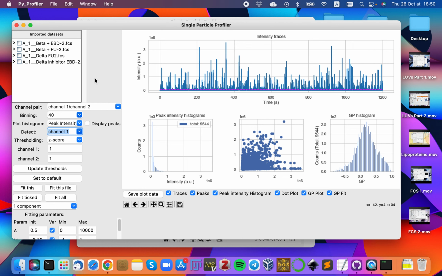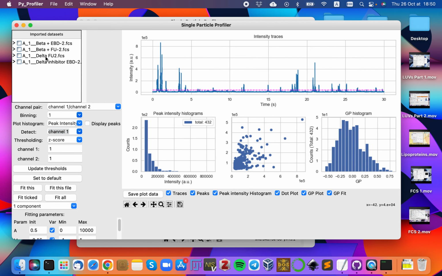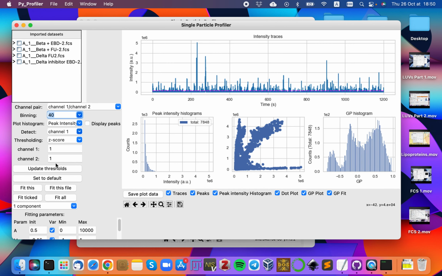So here, again, we can start, let's say, from delta FU2. Yeah, and this is one peculiar sample. So in this case, I had here some viral particles that were without spike protein, and then two types of binding actually.